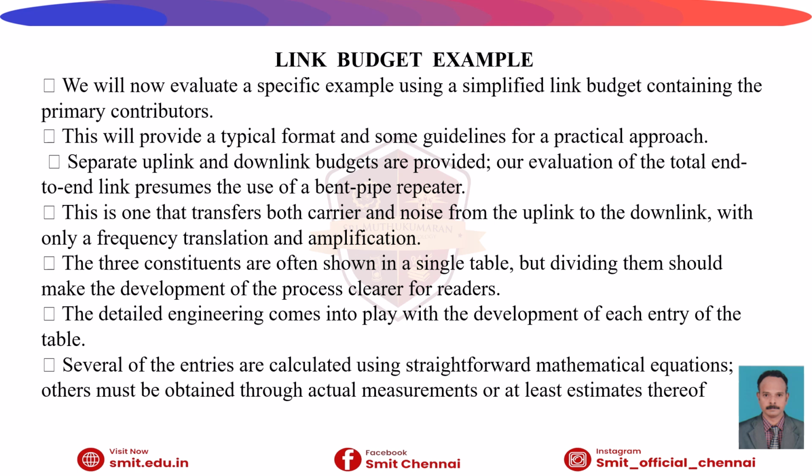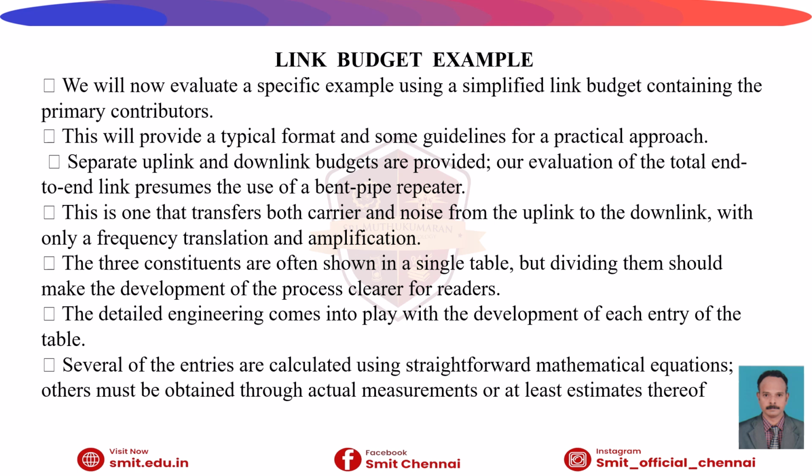The link budget gives a primary contribution for satellite designers, which gives an accurate estimation of the signal strength as well as losses, what type of transponders we can use, what type of antennas we can use, and what signal strength we have to use for uplink as well as downlink.